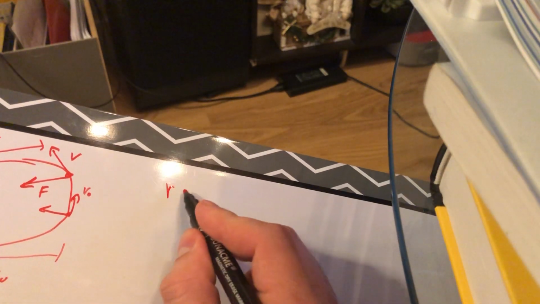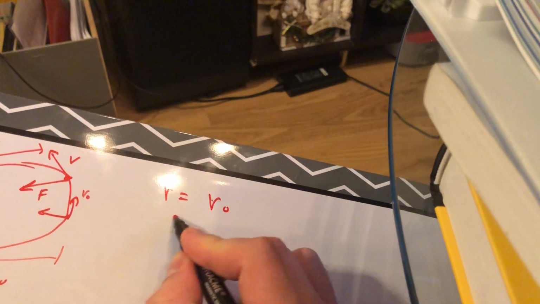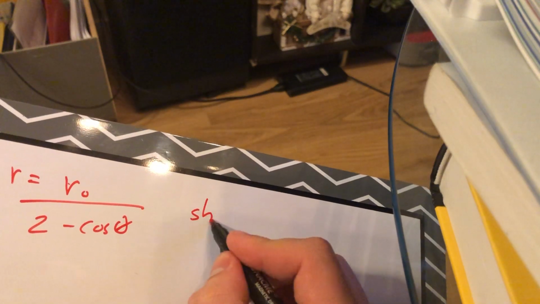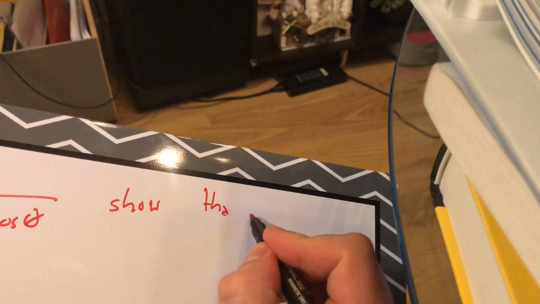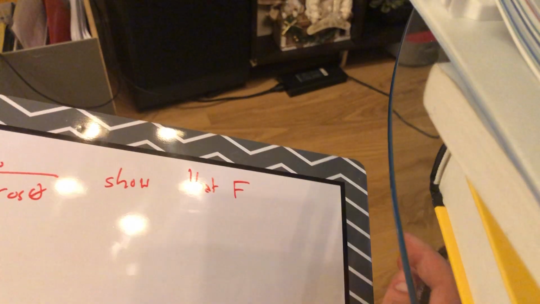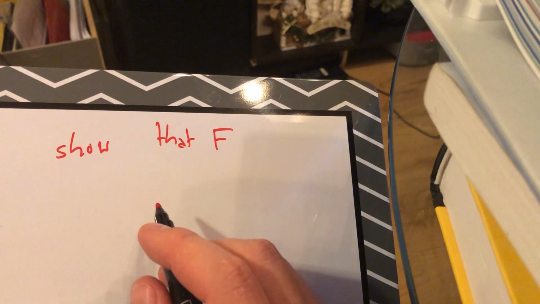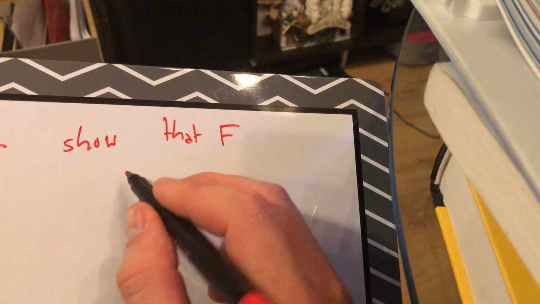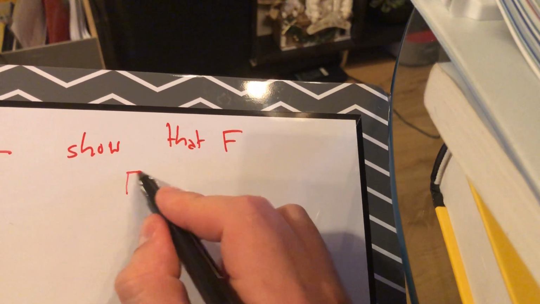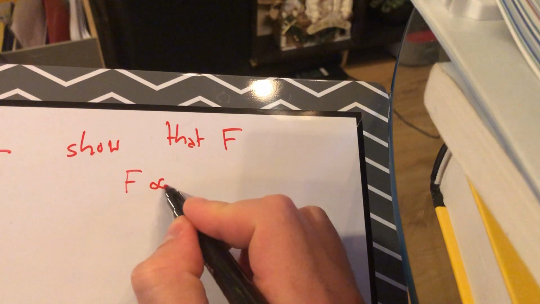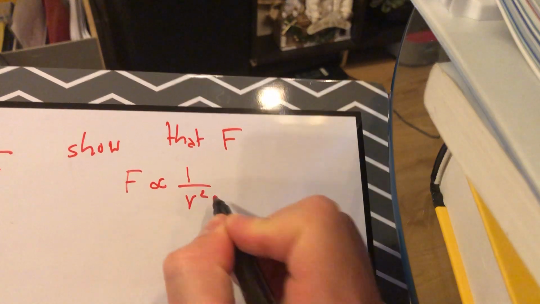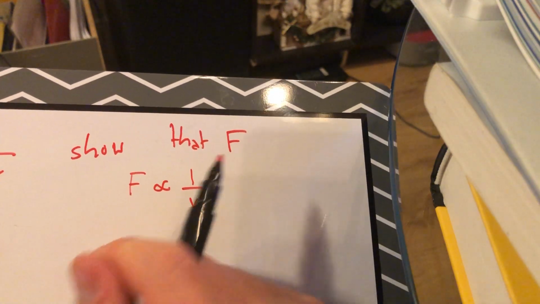Okay. So, what do we have? We have R is equal to R naught over 2 minus cosine theta. And we have to show that F is inversely proportional to the square of the distance R from the particle to the center of force.